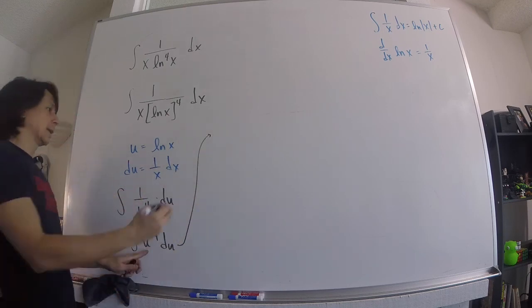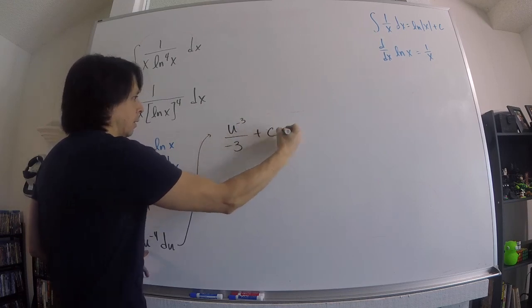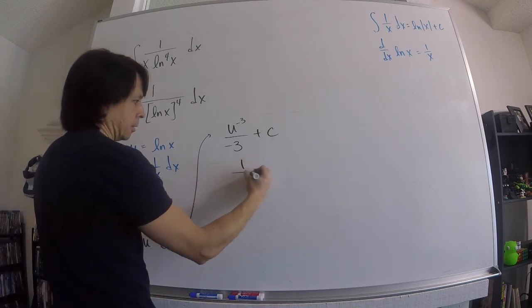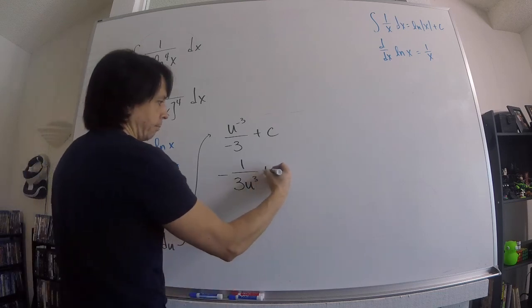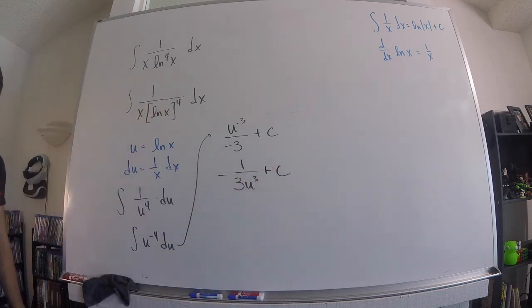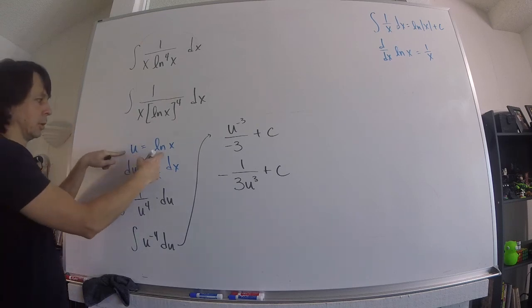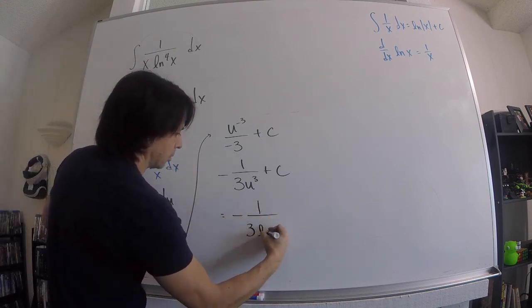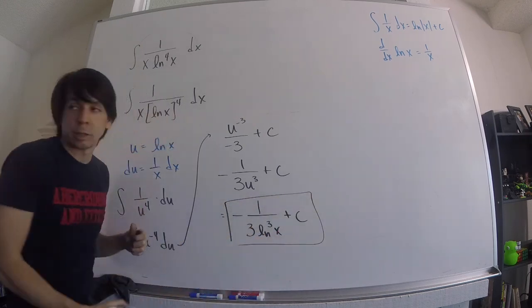Add 1 to that, it's going to be negative 3. Divide by that negative 3. Tack on your constant of integration. And I can clean it up now or later. That's going to be u cubed on the bottom with the 3 and a negative out front. That's my antiderivative of this expression. My original has x, so I'm just going to go back to u is equal to ln of x. That's it.